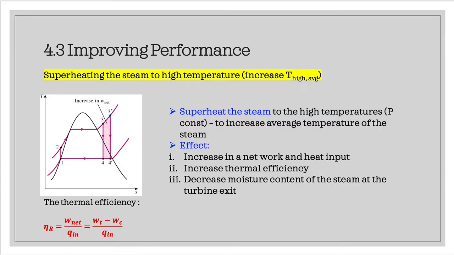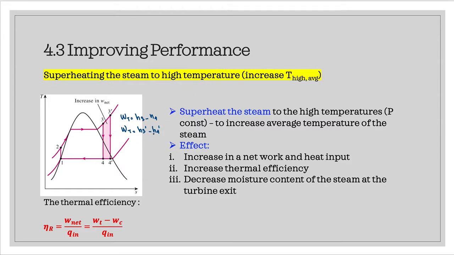We can see, before we heat the steam, the work of turbine is given as H3 minus H4. After we superheat the steam to higher temperature, the new WT is H3 prime minus H4 prime.